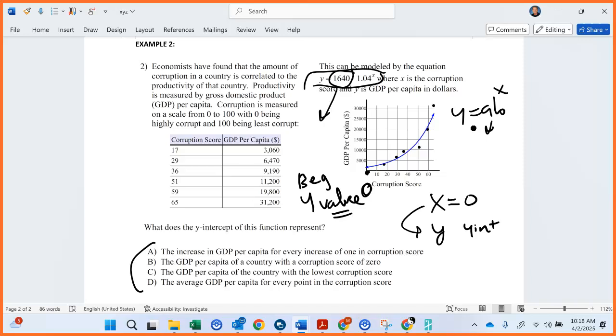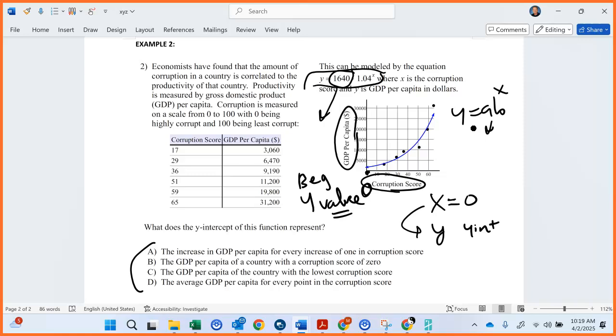We're going to be looking at, first of all, the beginning of what? Well, the beginning per capita when the corruption score is 0. So the way to help you frame it in your mind is that the beginning means what the per capita is going to be when the corruption score is 0, basically.